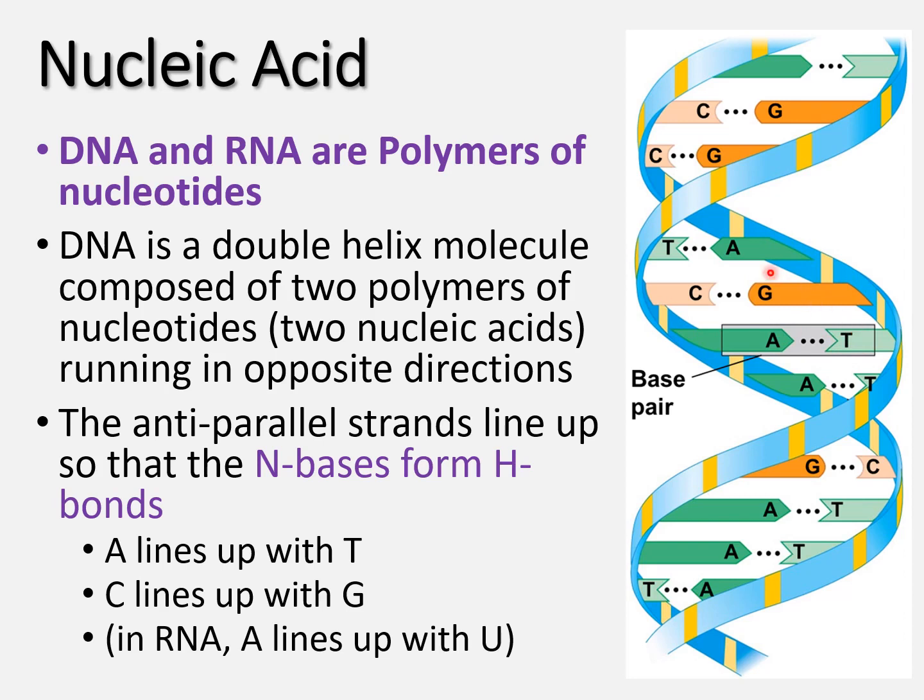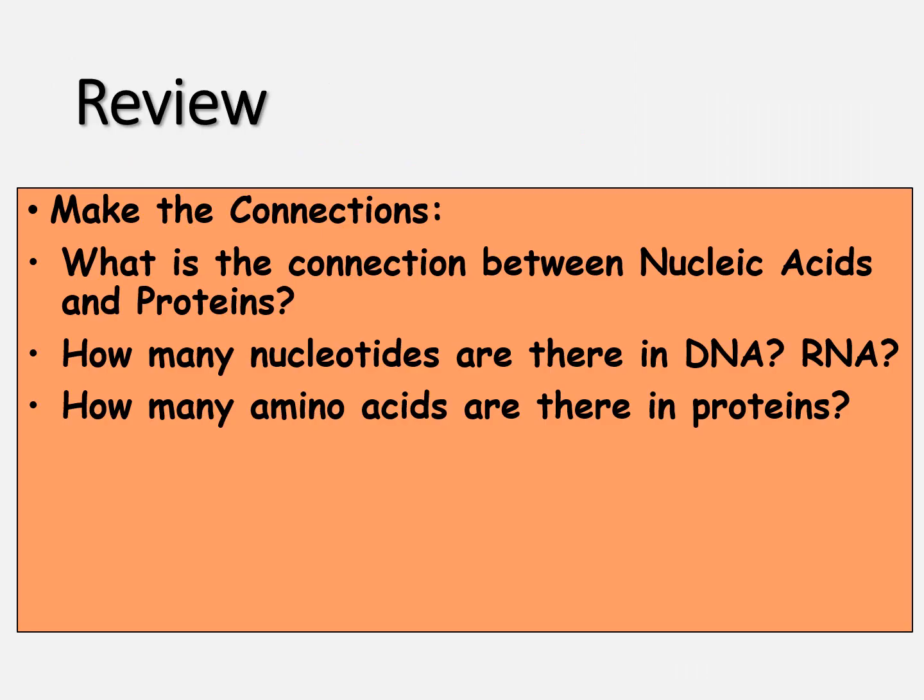So only A binds to a T, and only a C binds to a G. Now, if we're talking about RNA, an A lines up with a U. So I said just replace all T's with a U, right? So our 2 types of base pairs, we can have an A and a T or a G and a C, and that's it, which is why it creates this very specific double helix pattern.